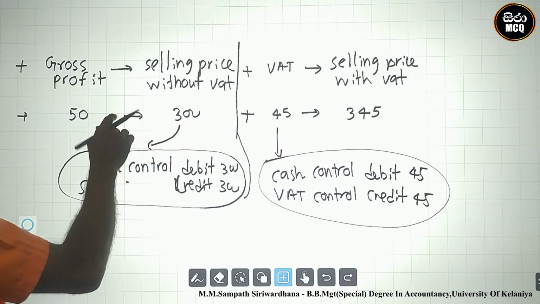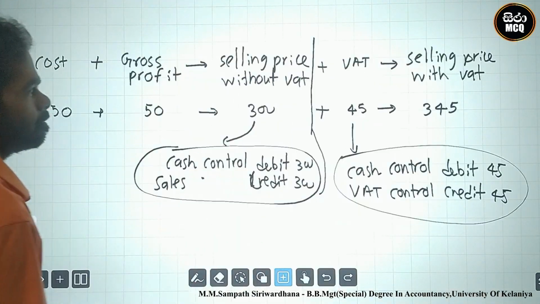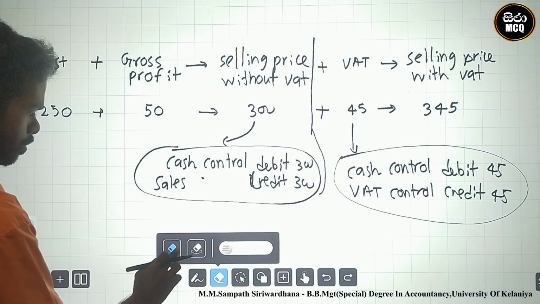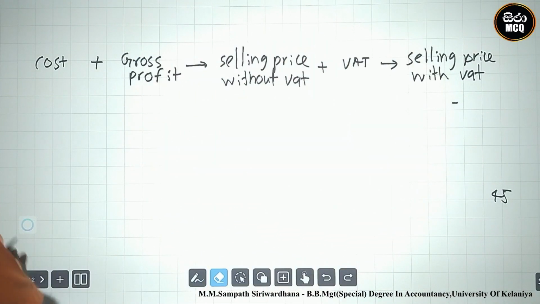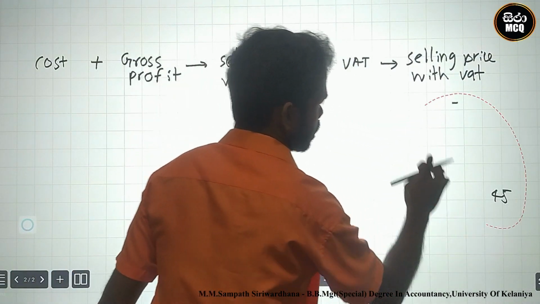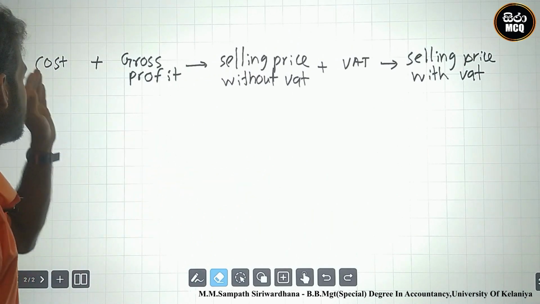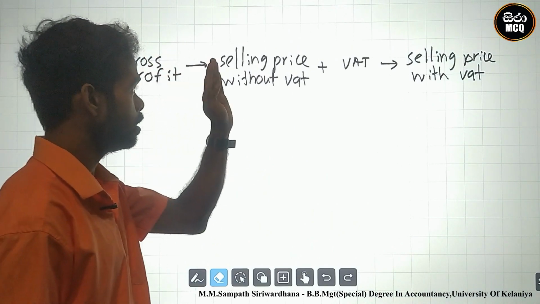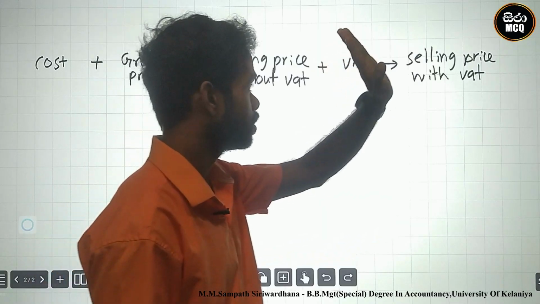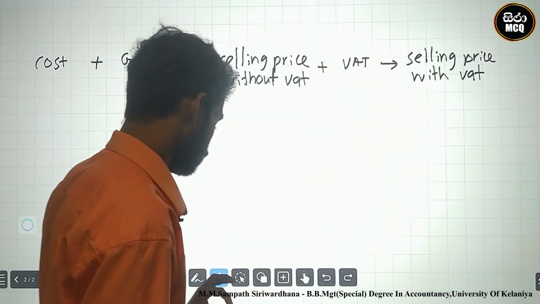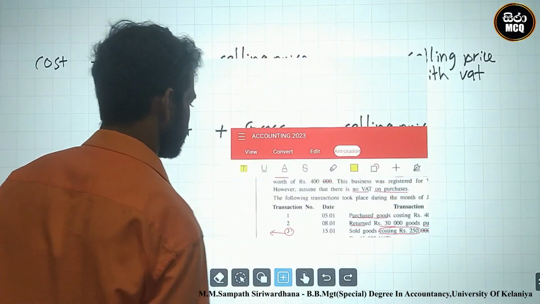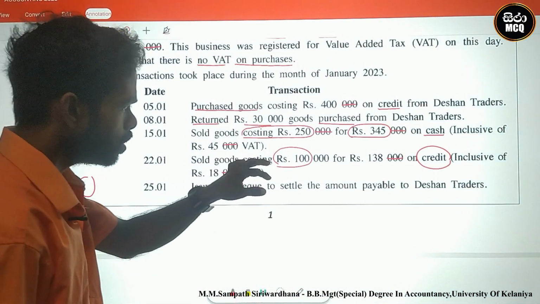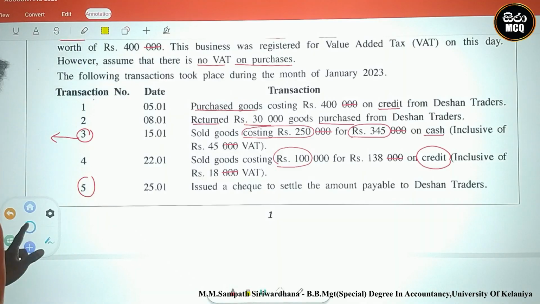This is our guideline. I fulfill this one. Okay, this is the selling point guideline: cost plus gross profit, selling price without VAT, VAT amount, and selling price with VAT. Therefore, we can create the impact of this. Look here, cost is 100.